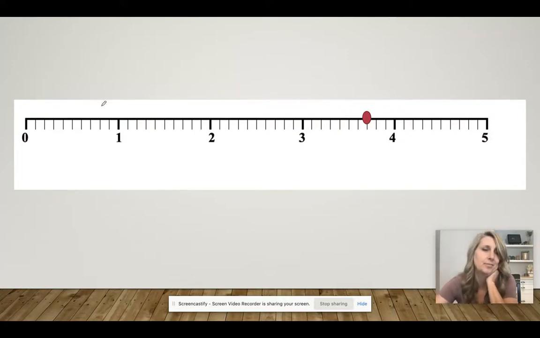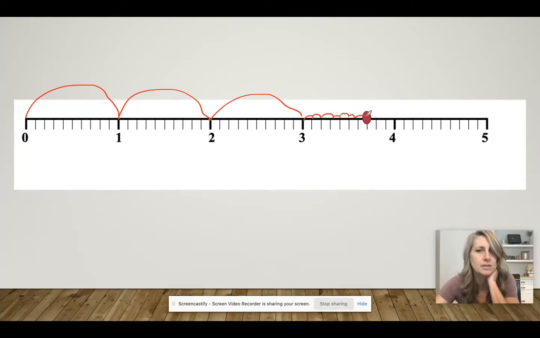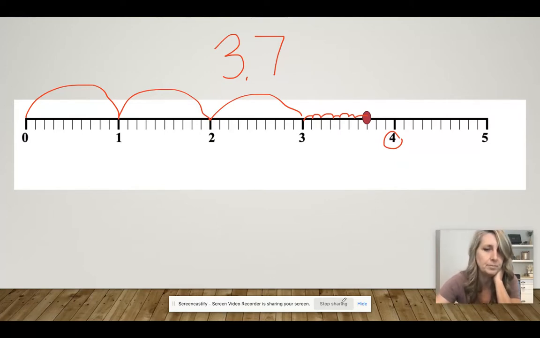That's what it would look like. 1, 2, 3, and 1, 2, 3, 4, 5, 6, 7/10. I need 3 more tenths and I would actually be at 4. So if I was rounding this, I would say that 3 and 7/10 is close to being 4. It's closer to 4 than it is to 3. But we'll leave that for another day.